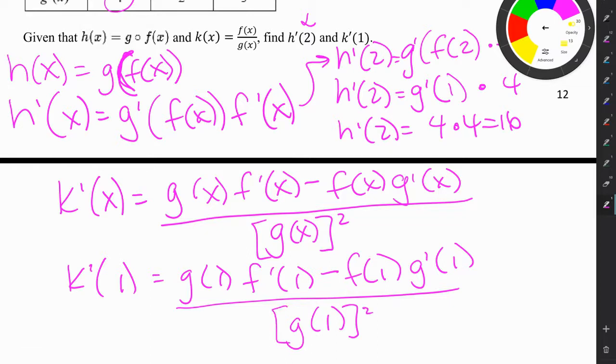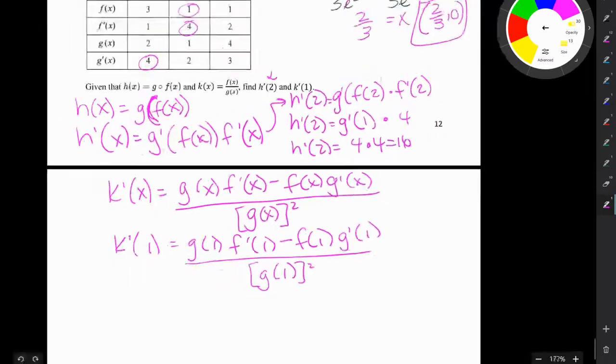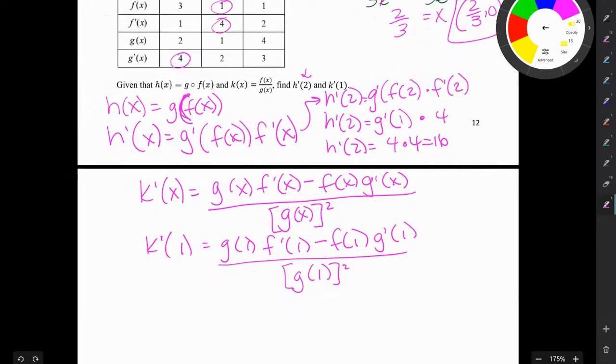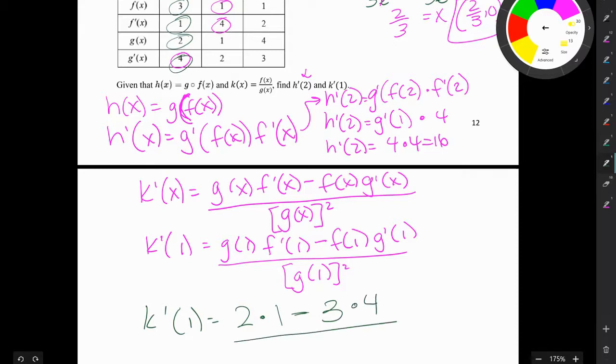Now I just have to go back to the table and get those numbers and then plug them in, multiply and divide. We're all done. So k prime of 1, g of 1 is 2 times f prime of 1 is 1 minus f of 1 is 3. g prime of 1 is 4 over g of 1 squared.